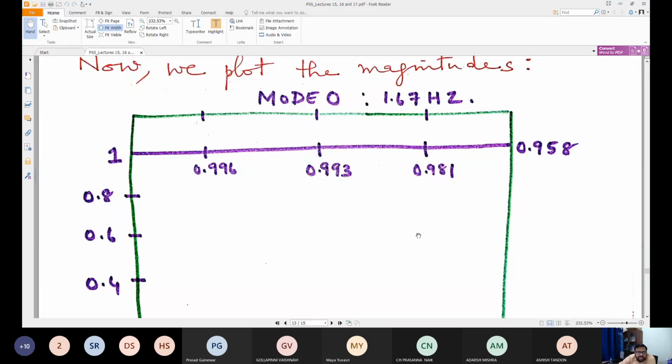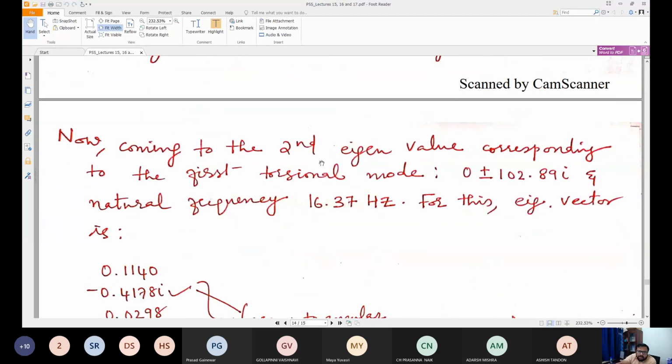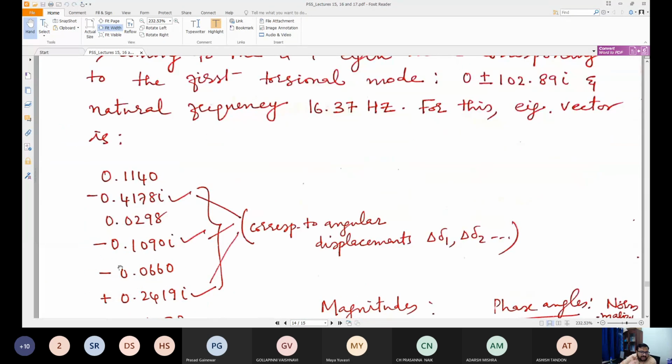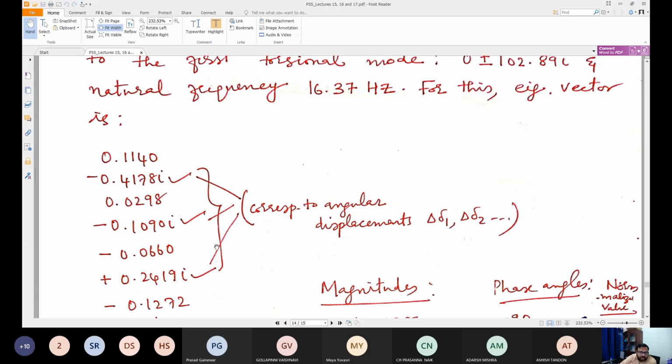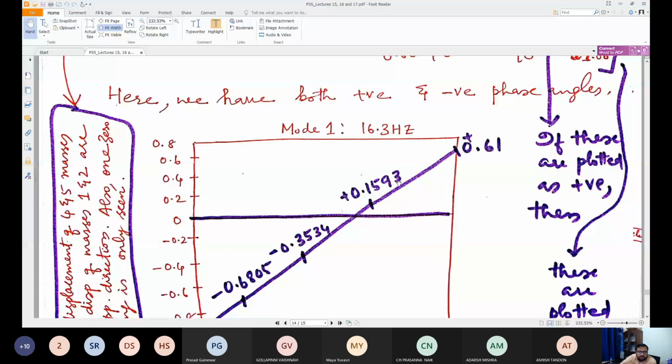Here you just see this mode 0. Now I'm coming to the second eigenvalue corresponding to the first torsional mode, 0 plus or minus 102.89i, and the natural frequency is 16.37 Hertz. For this we get another eigenvector. With respect to that mode, we again find the magnitude, normalize it, and find the mode shape.